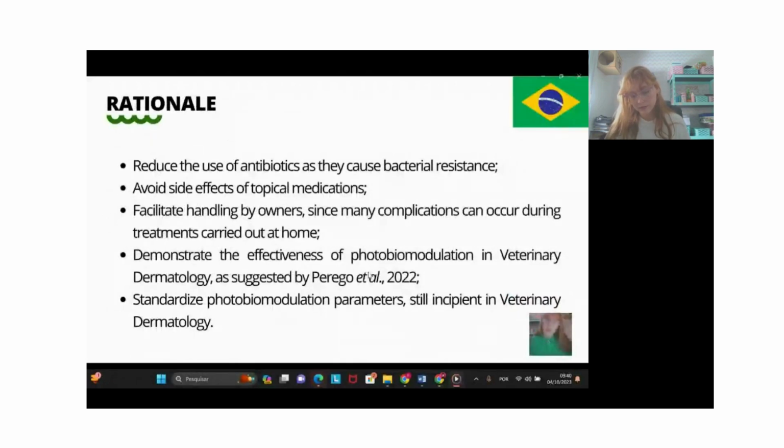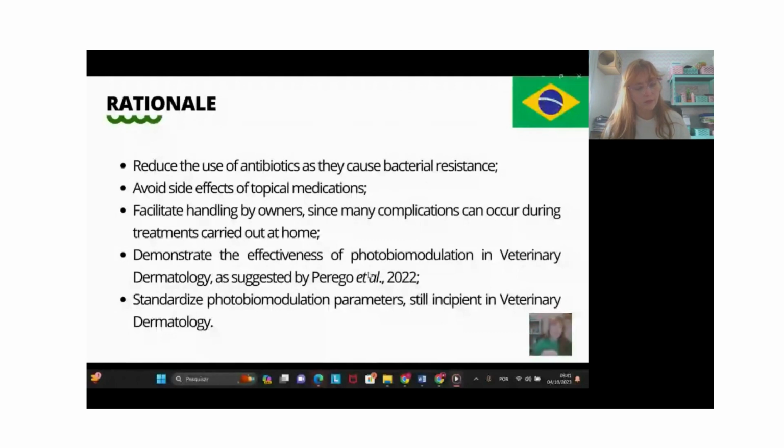The rationale of this study is to reduce the use of antibiotics as they cause bacterial resistance, avoid side effects of topical medication, and facilitate handling by owners since many complications can occur during treatment carried out at home.